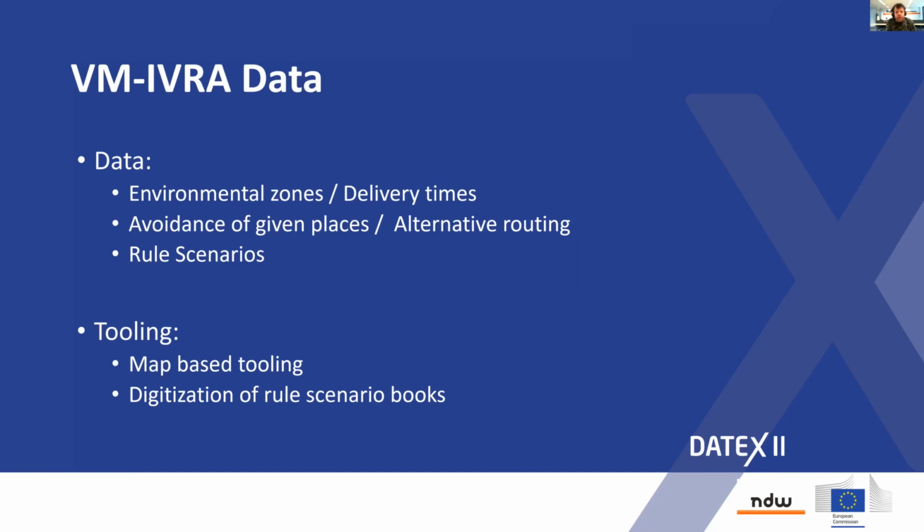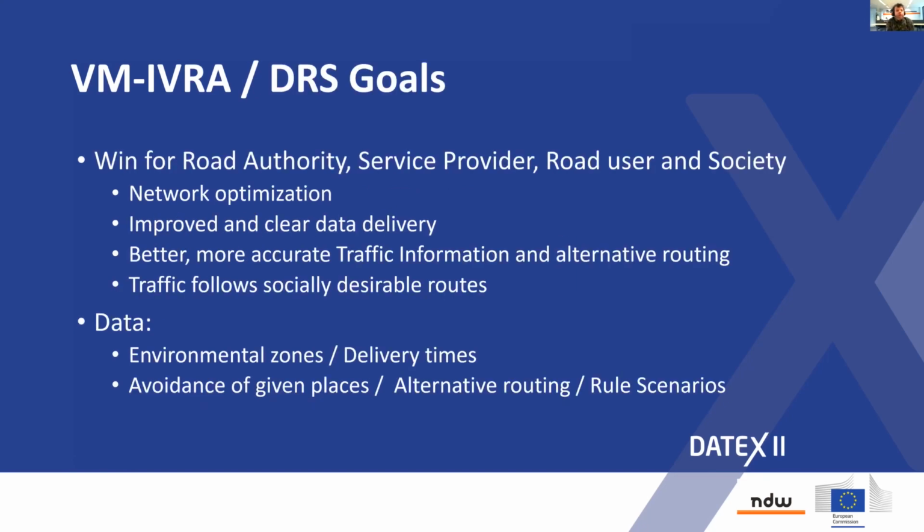That's it for now. The goals, of course: it should be a win-win for everyone. So a win for a road authority, for the service providers, for road users, and for society. So it's all about network optimization, improved and clearer data delivery to service providers, better and more accurate traffic information for the road users.